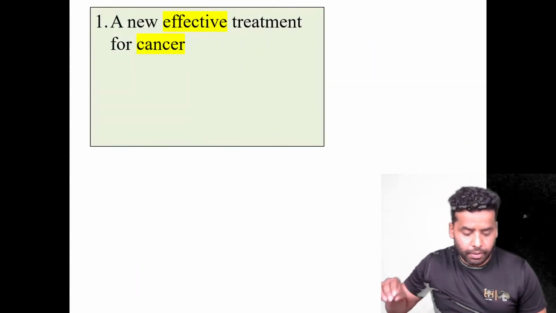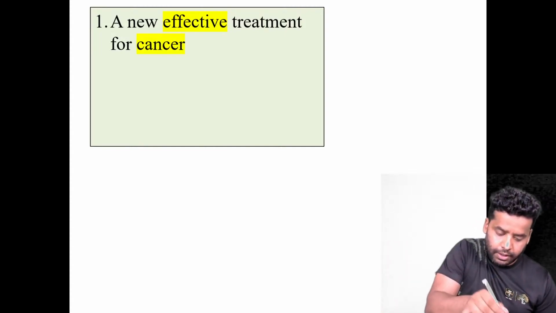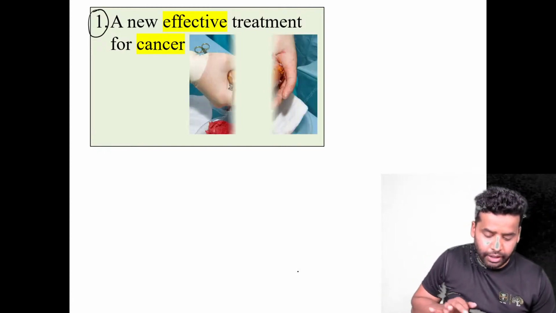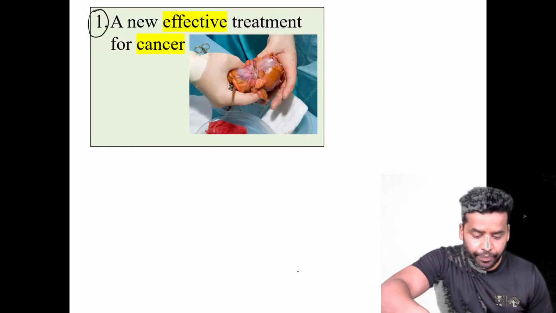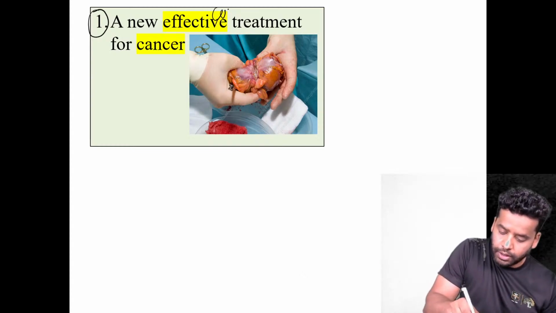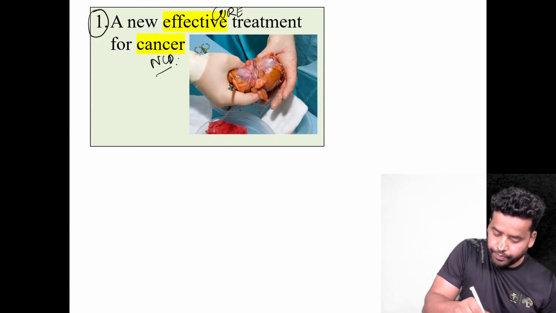Take this question, number 1, on prevalence only. A new effective treatment for cancer is invented. Like if you are putting a surgical intervention, if you are giving a cure, effective means cure. Cancer is a non-communicable disease.